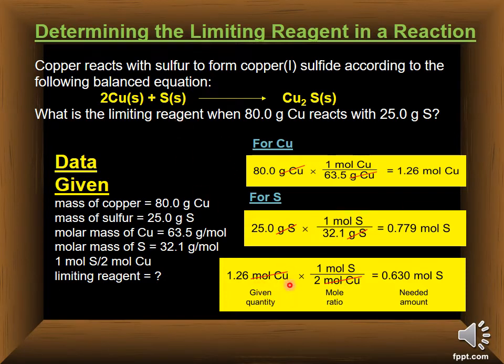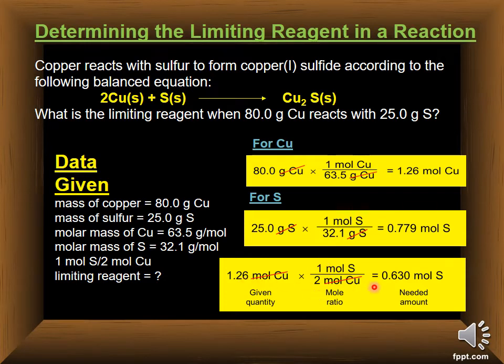So moles of copper is given, so given unit must be down. Okay, you can't put like this, 2 moles of copper over 1 mole of sulfur. Why? Because given unit is mole of copper, and what is given must be down, but what you need has to be on the top in the mole ratio. Okay, so mole of copper cancels mole of copper unit-wise. What is left? 1.26 times 1 divided by 2.